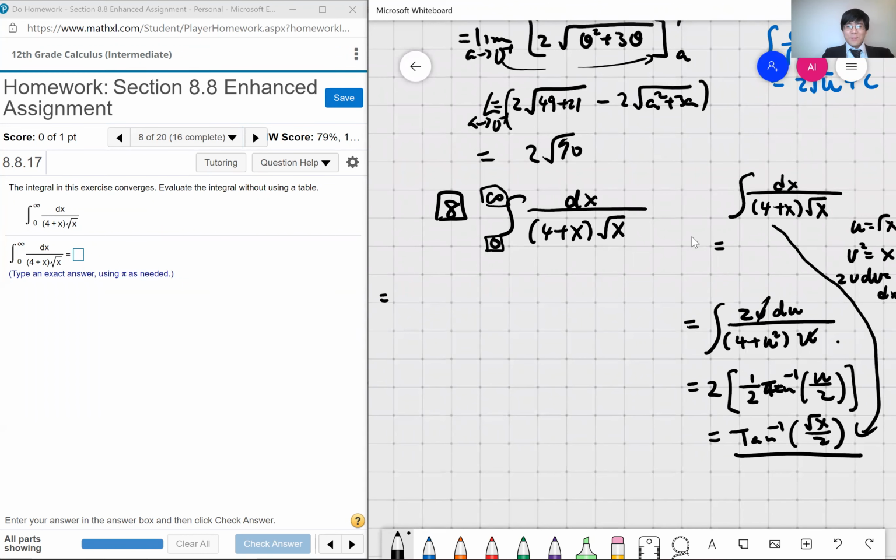So keep this in mind. We write this expression as the limit as a approaches 0 from the positive direction of the integral from a through, who cares, it could be anything between 0 and infinity. So just say 1. And then 1 through b, where b goes to infinity.